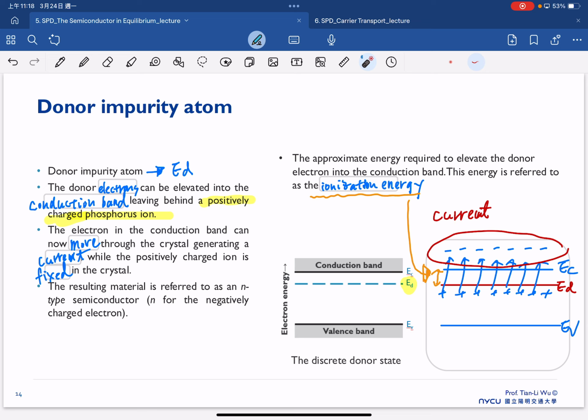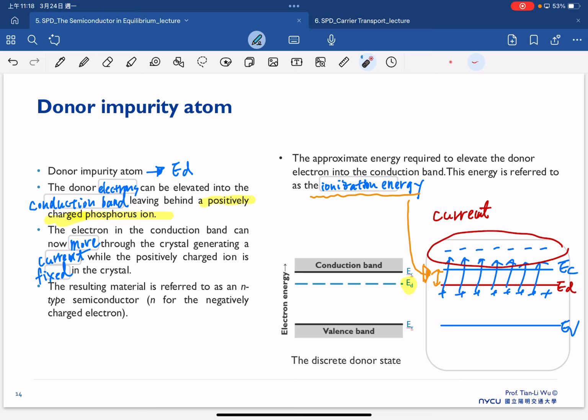What does ionized energy mean? Just try to remember this term in English, because if you try to translate it into Mandarin, it actually doesn't help. Anyway, this is just the energy required to go from the donor state to the conduction band. That's what we call the ionization energy here.